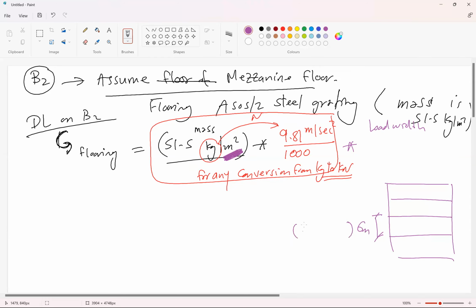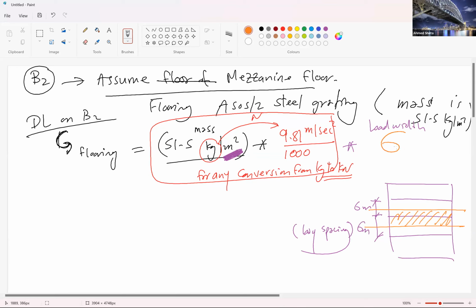In general it is the bay spacing, which is the spacing between all beams. So for the example we are doing now, because it is a different example, it is 6 meters. So you need to multiply this by 6 meters. Okay, so G flooring for B2 will be 51.5 times 9.81 over 1,000 times 6.